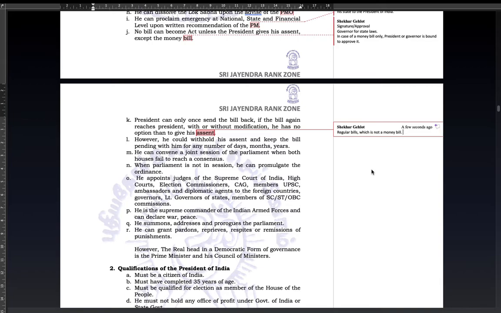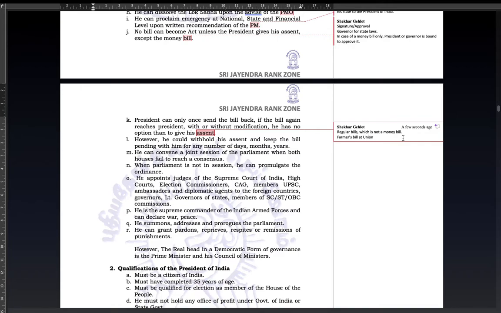Okay, so in regular bills, president can only once send the bill back. If the bill again reaches president with or without modification, he has no option other than to give his assent. So suppose now Lok Sabha and Rajya Sabha send a bill. Now we are discussing farmers bill. Suppose now let us take the example of farmers bill at union.